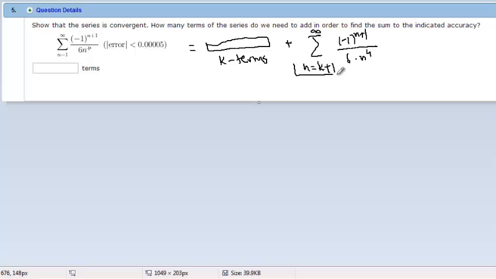And our goal is to keep this error in absolute value smaller than 0.00005, which is 5 over 10 to the power 5, which is also nothing but 1 over 2 times 10 to the power 4. So my goal is to keep this error less than 1 over 2 times 10 to the power 4.